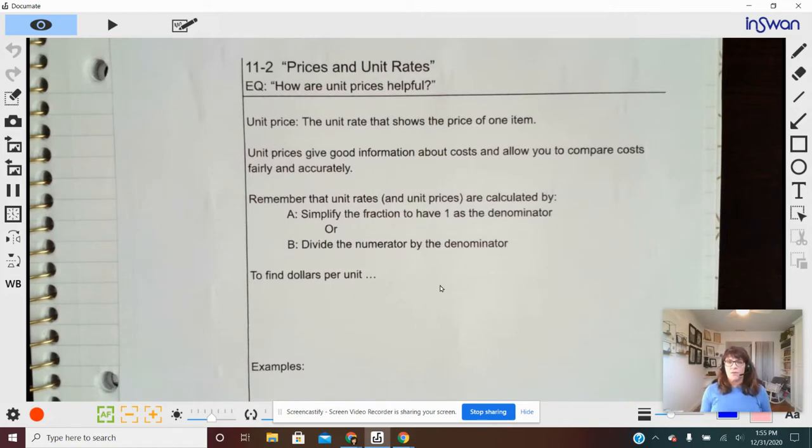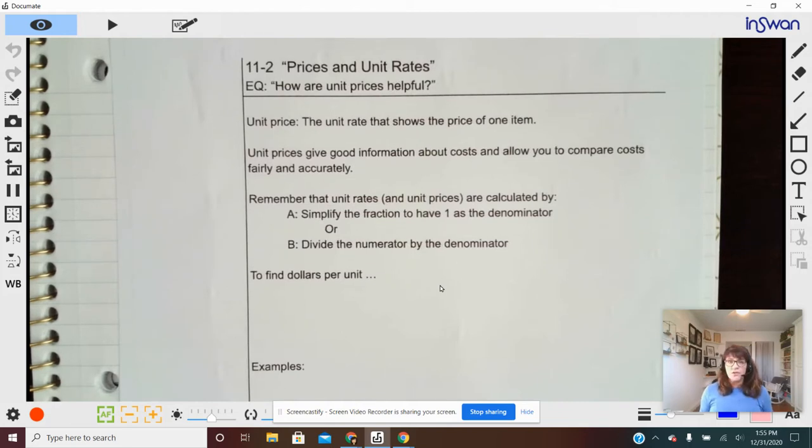Last time we looked at the idea of moving from ratios to unit rates. Now we're going to look at one of the most common uses of unit rates, which is unit prices. This is how we often compare whether things are a better deal than another, or divvy some stuff up so that your friend pays their fair share.